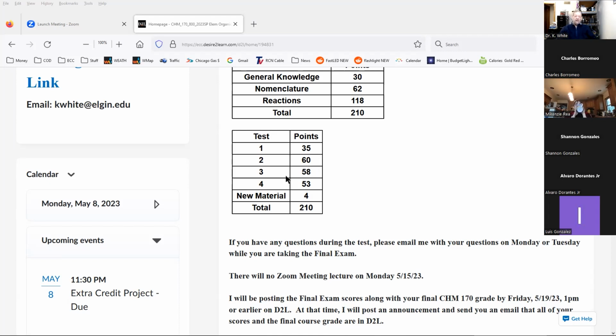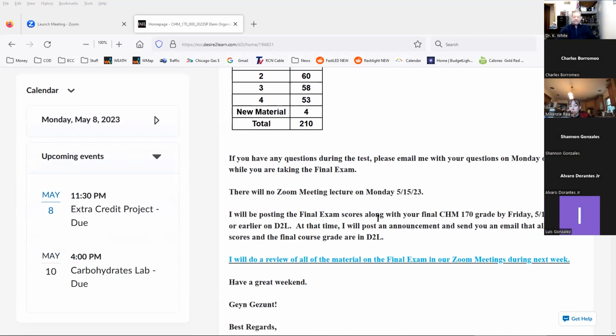Test 2, 60 points. Test 3, 58. Test 4, 53. They're about equal. And new material, which is amino acids and proteins, 4 points. It adds up to 210. There are 10, 10, 10 bonus points. If you have any questions, email me.